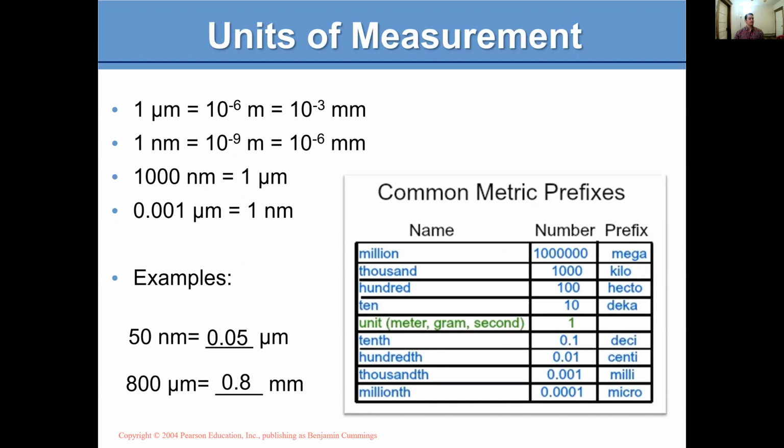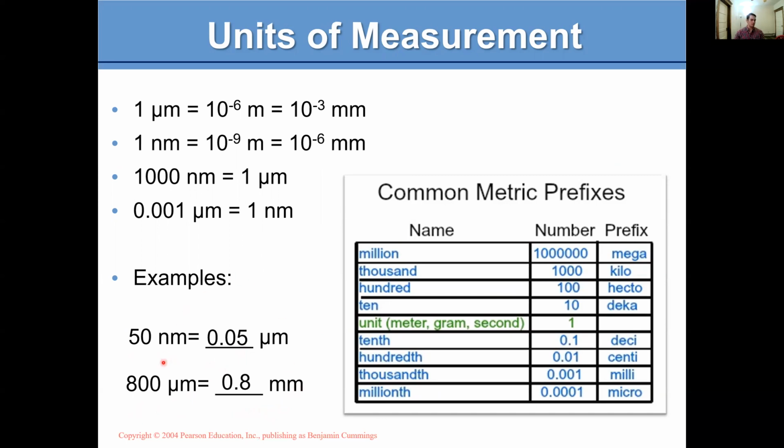Something that I want you guys to definitely practice in your own time: you can look for examples in your textbook, or failing that, you can definitely find some online. I know a lot of you are not familiar with the metric system, or maybe not as comfortable with it, but as scientists, you are expected to know how to convert units. So you have to be able to tell me that 50 nanometers is the same as 0.05 micrometers, or 800 micrometers is the same as 0.8 millimeters.